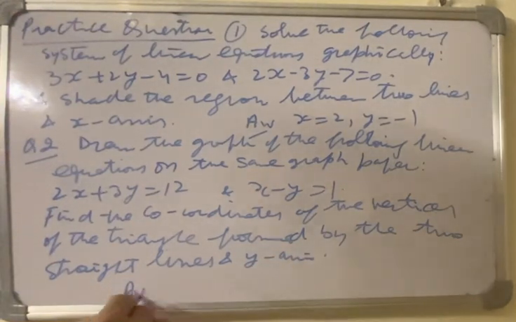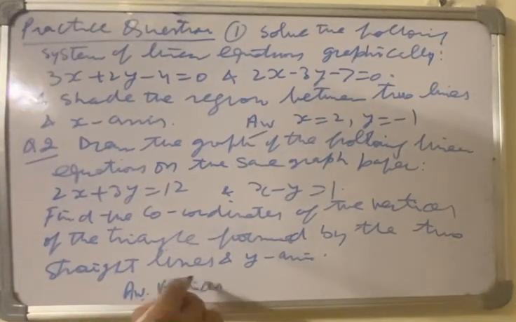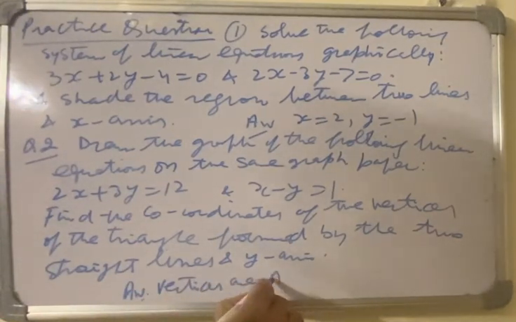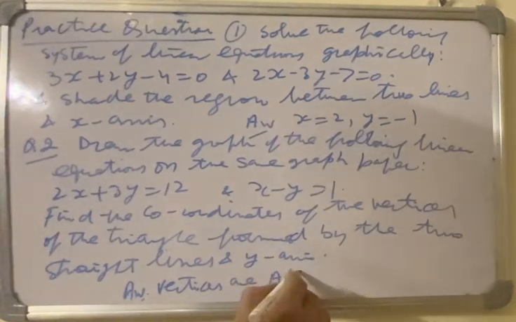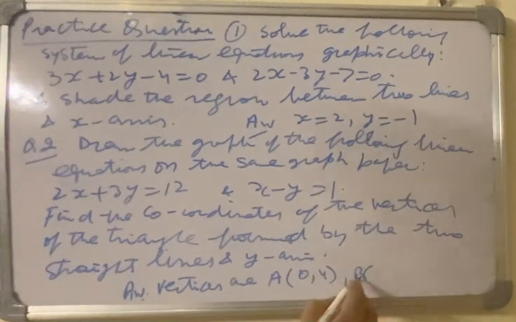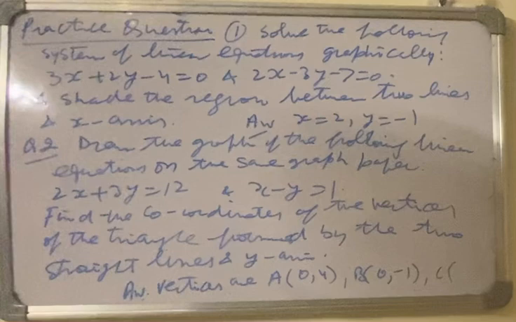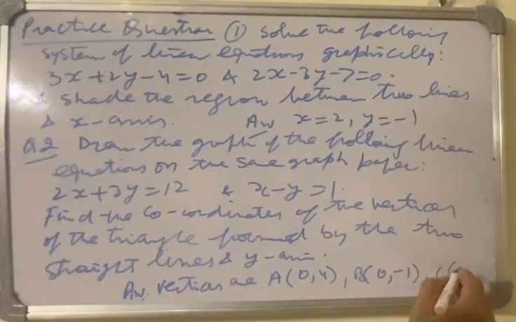Answer is, vertices are A (0, 4), B (0, minus 1), C (3, 2).